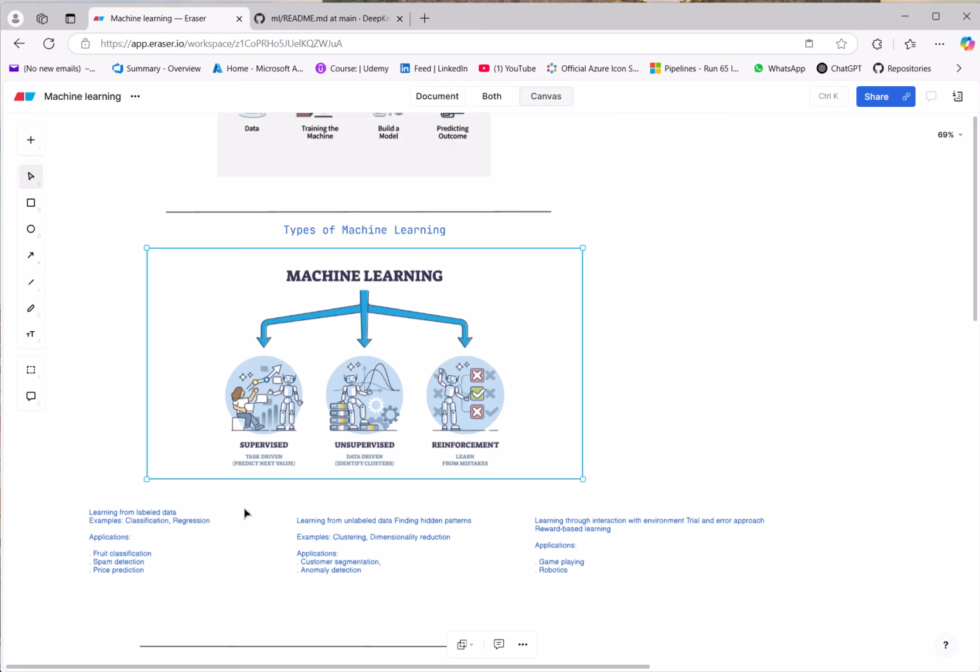Or for instance, in gaming, sometimes you just try something, like opening this door or going in this direction. You get the result, and you learn from it. For instance, if I go in this direction, it will be a big mistake. This is an example of reinforcement learning.